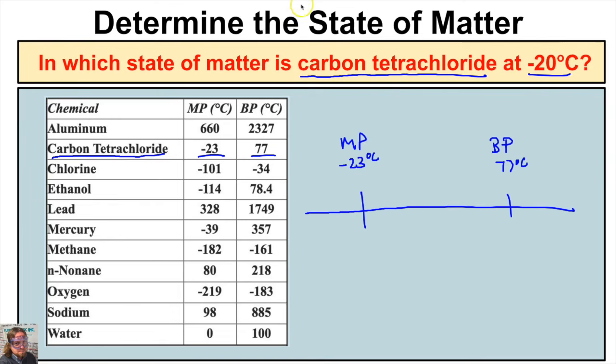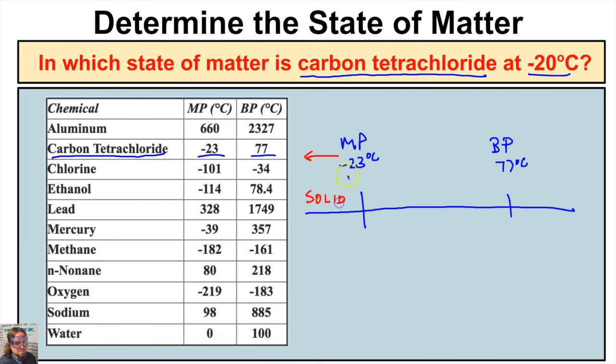And so this one can get a little tricky. If we take a look closely, this substance, carbon tetrachloride, is going to melt at negative 23 degrees Celsius. So everything from negative 23.1 this way, so negative 24, negative 25, and so on, is going to be a solid.